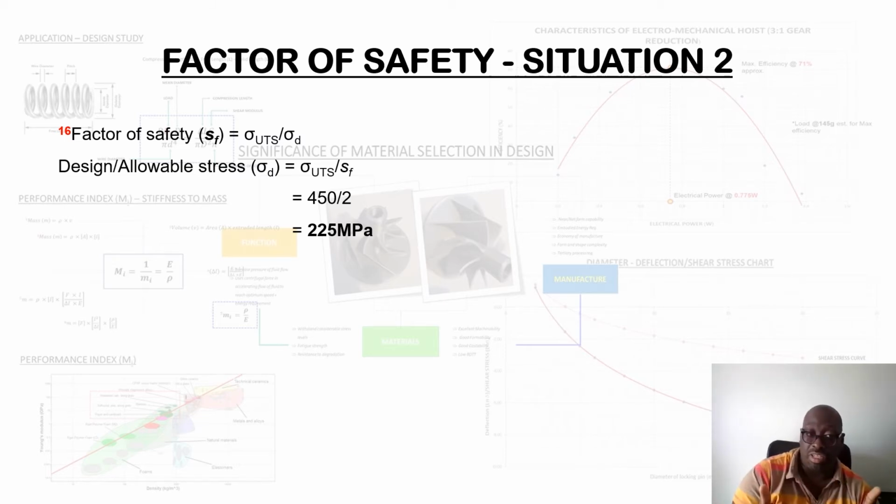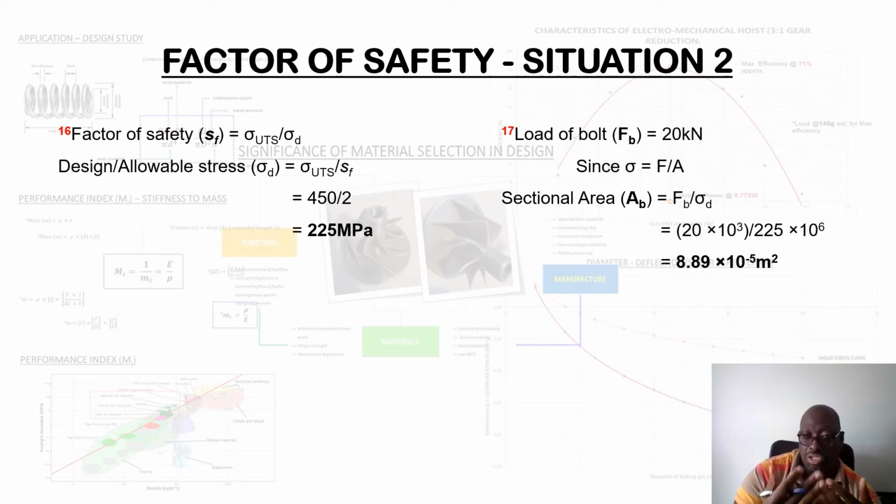So sigma d, which is the allowable or design stress, some people like to call it the working stress. I personally only use the term working stress when I'm assessing components within operational parameters, but when it comes to design, I prefer using the term design or allowable stress. So that will be UTS divided by the safety factor. So 450 divided by 2 gives 225 MPa.